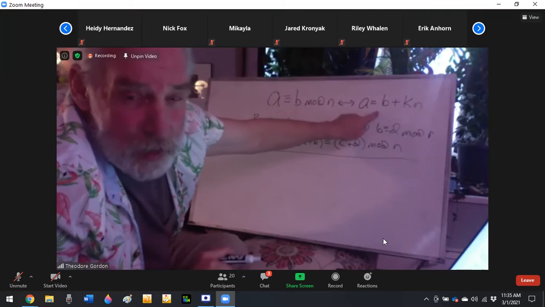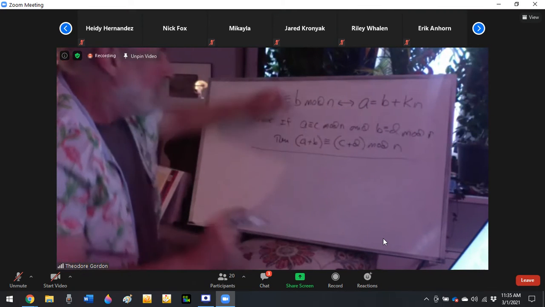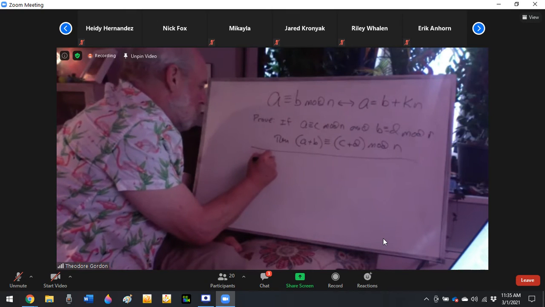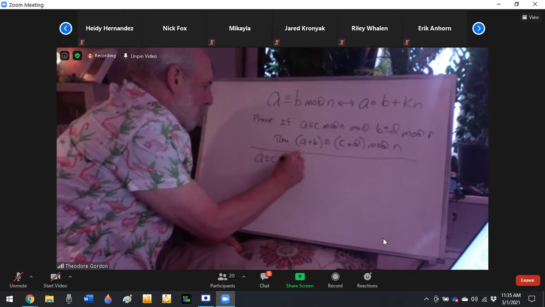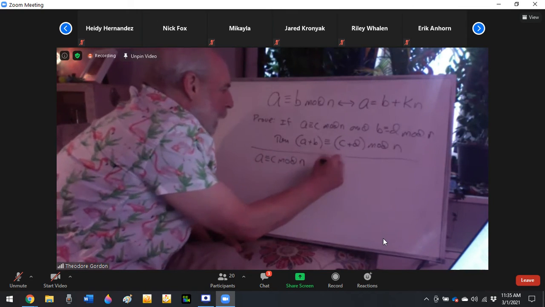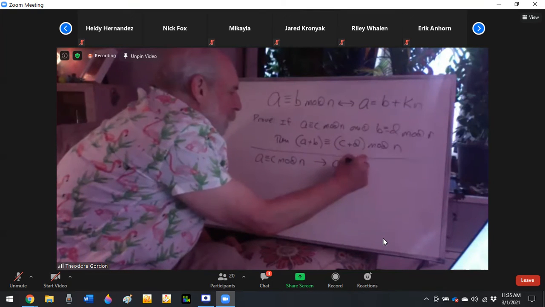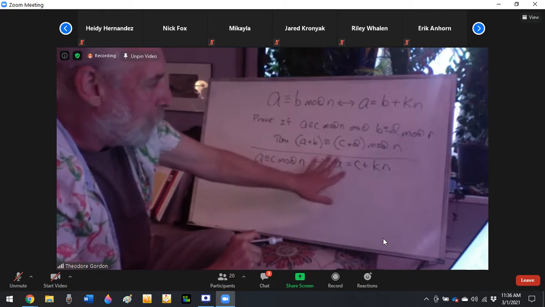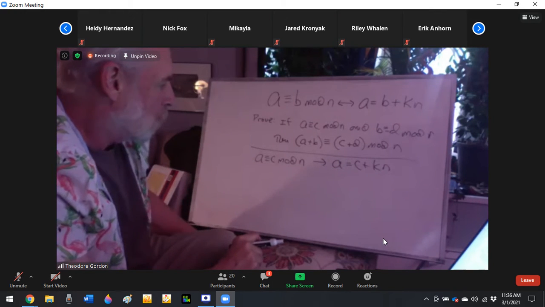We use the definition. So if A is congruent to C mod N, then A is equal to C plus KN. And everything here is integers. That's just a definition.